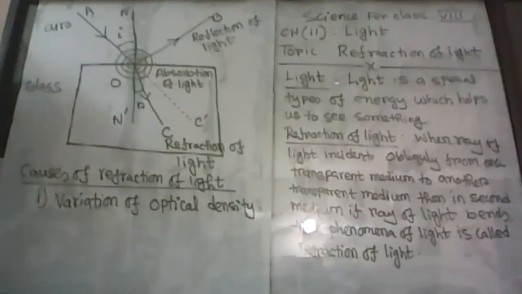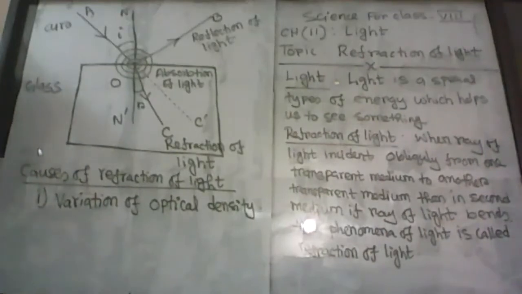Since this density varies, the ray of light bends because of this. This is the first cause for the bending of a ray of light. I repeat, boys and girls, this is the first cause for the bending of a ray of light.